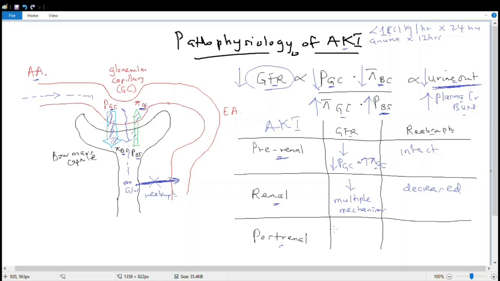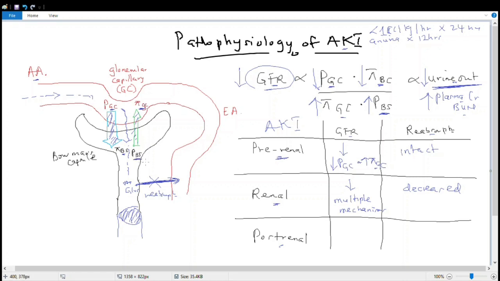Postrenal is going to be due to obstruction. So in postrenal, there's going to be an obstruction in the conducting pathway of the kidneys, either in the renal tubules or in the urethra. If there's an obstruction, there will be filtration, but the urine can't go downwards. So when urine backs up, there will be pressure, right?